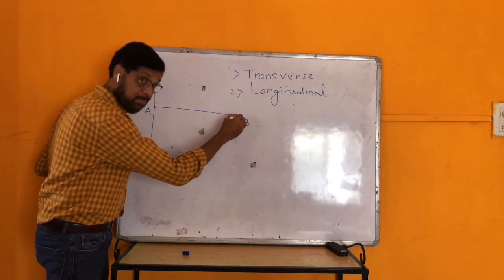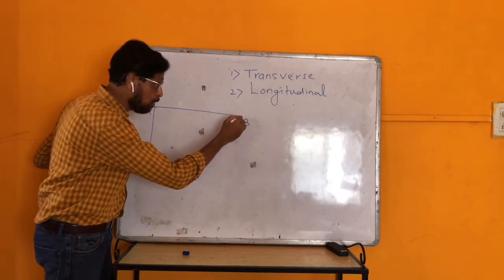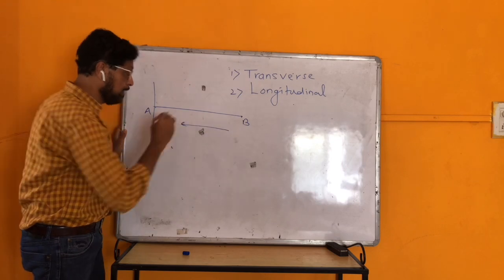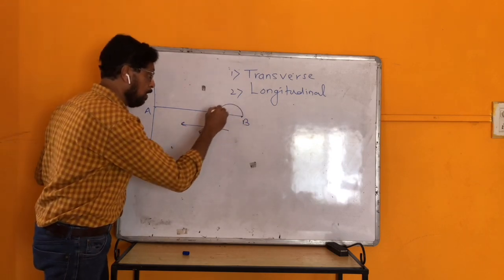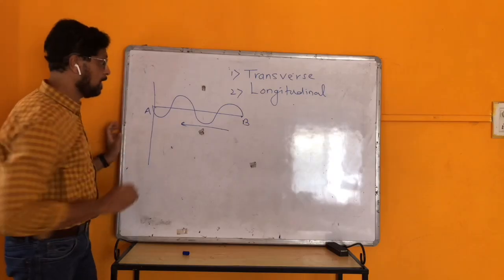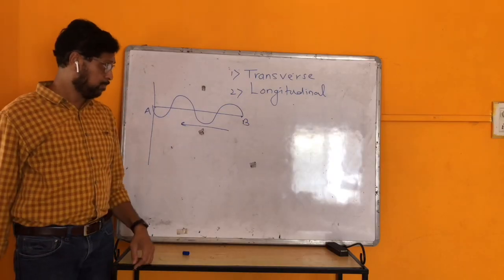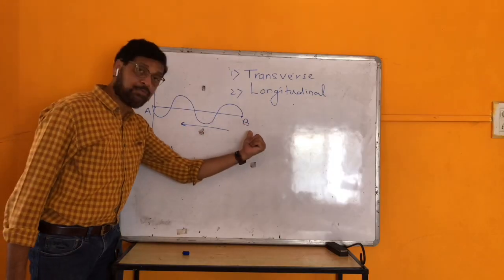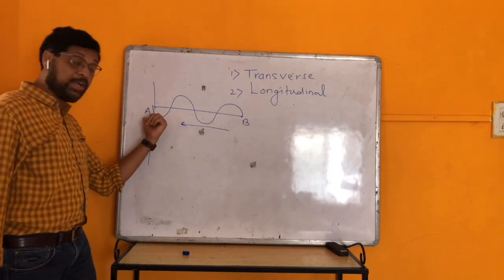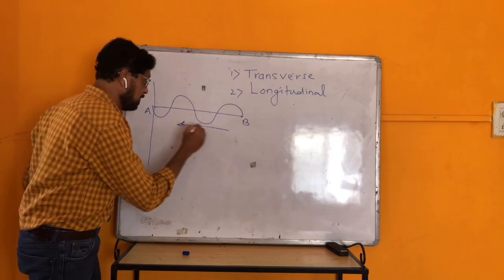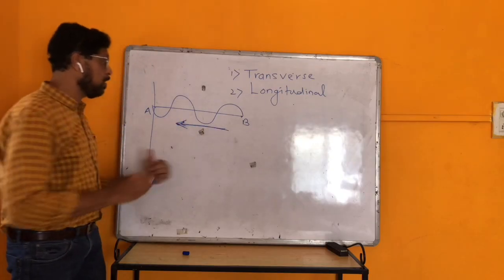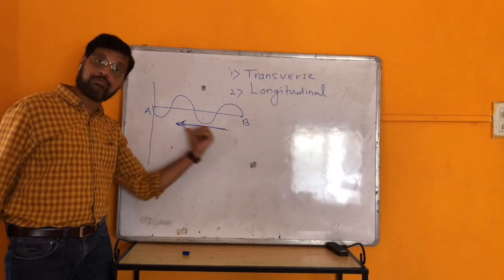A wave means the disturbance will start from here and it will travel in this direction. So a wave will be formed like this. Correct? Now the wave started from B and it went to A, means this is the direction of propagation of wave.